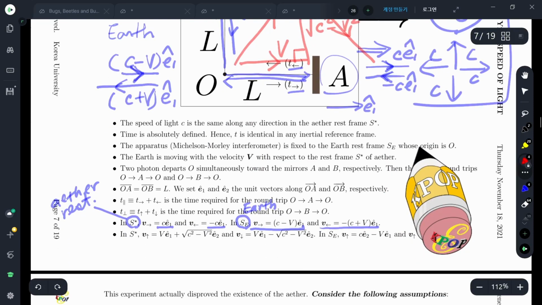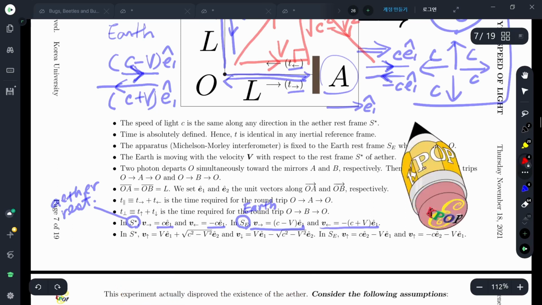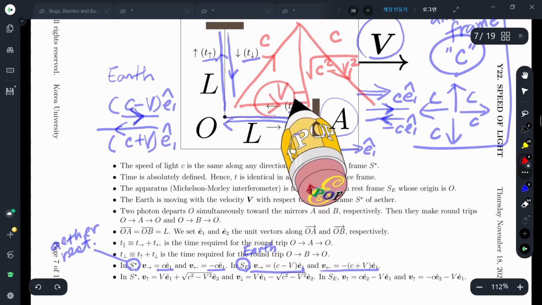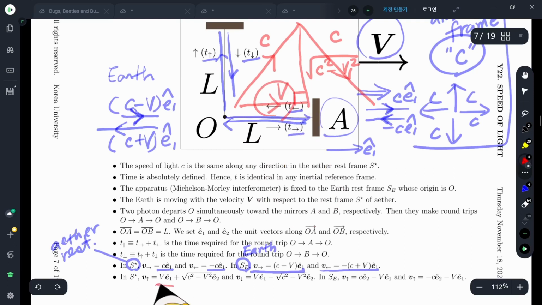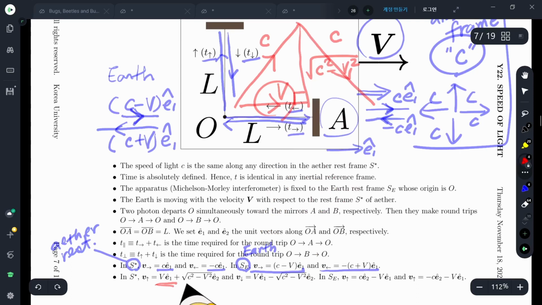So in here, this is the horizontal direction and this is the vertical direction when we measure the speed of light in the ether rest frame.